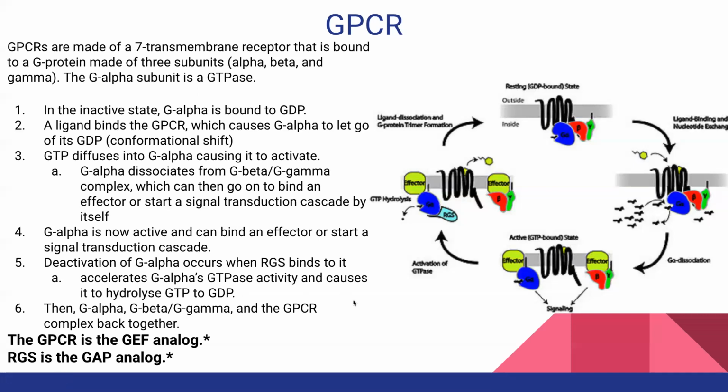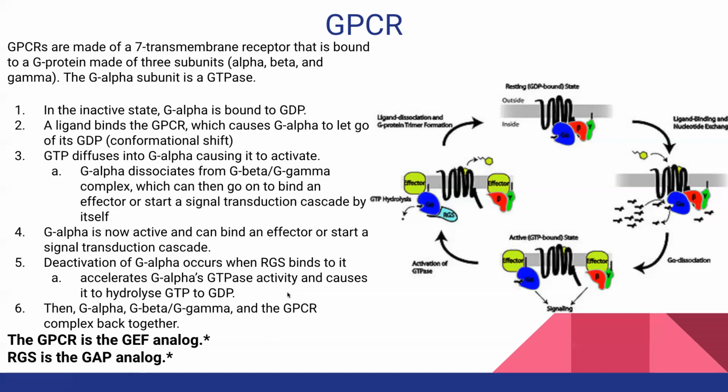So now if we want to deactivate G alpha, it could happen just by G alpha inactivating itself since it's a GTPase. So it's gonna hydrolyze GTP to GDP, but that's not really efficient.